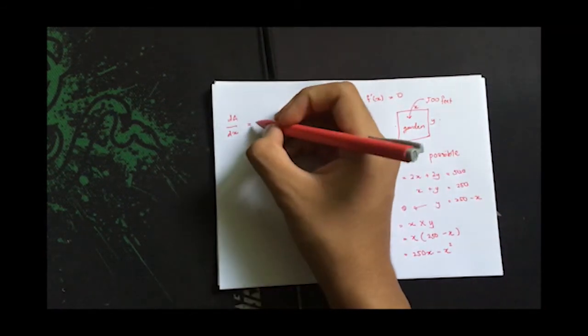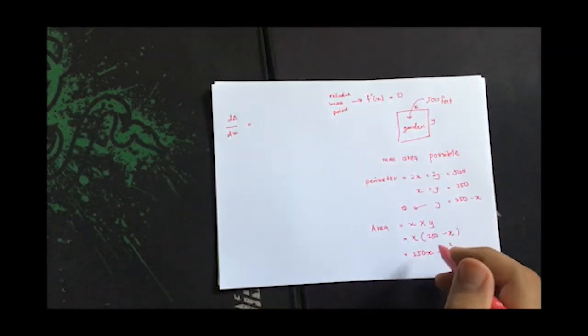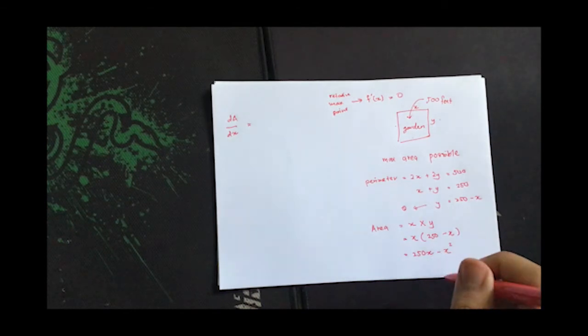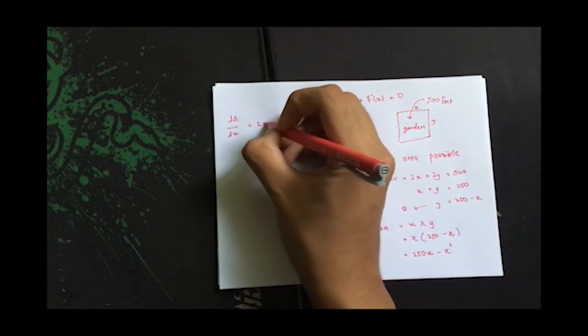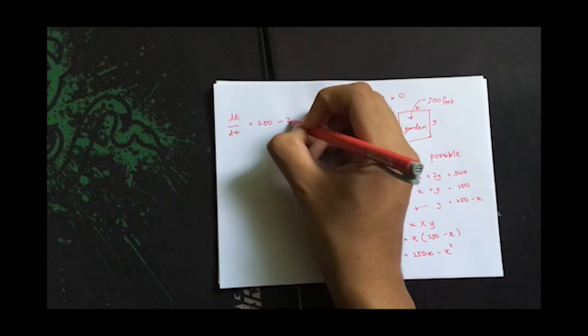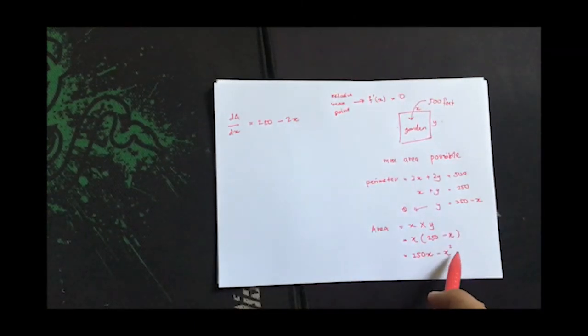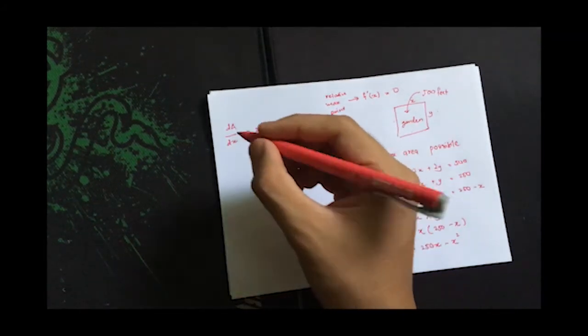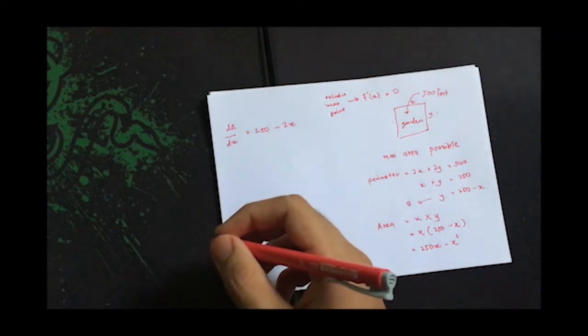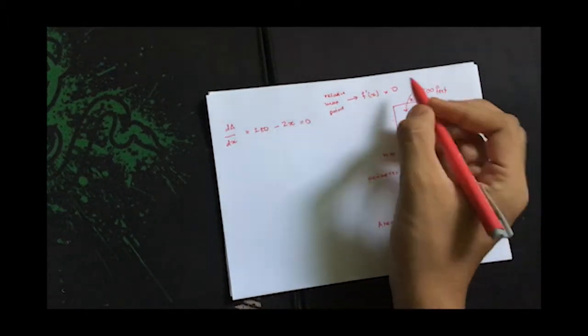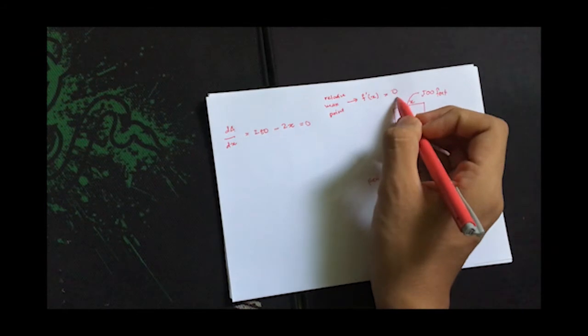When you differentiate area, it's going to be 250 minus 2x. Because why? Because the 2 goes to the front, it's going to be 2x, and power 2 minus 1, because that is the formula. Equal to 0 because the relative max point is equal to 0.